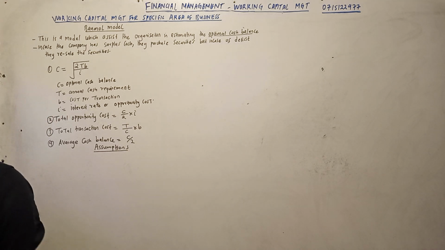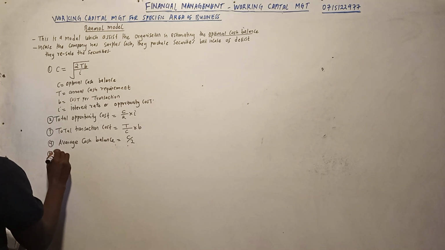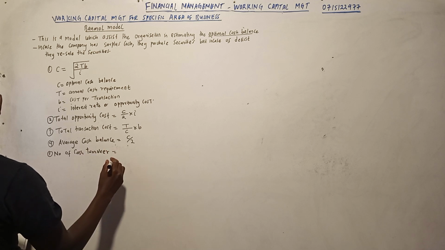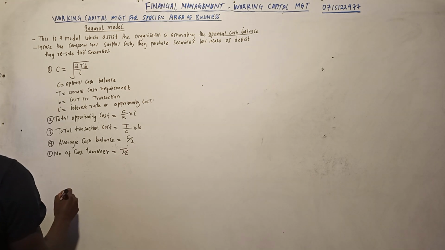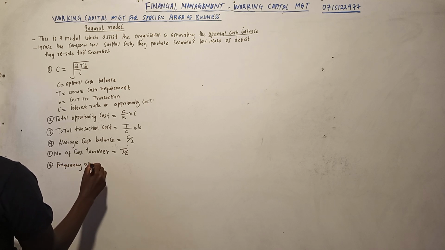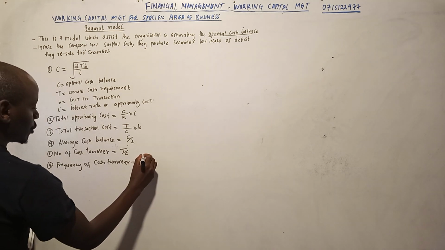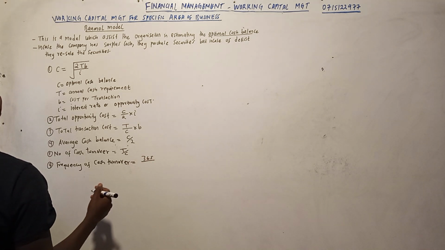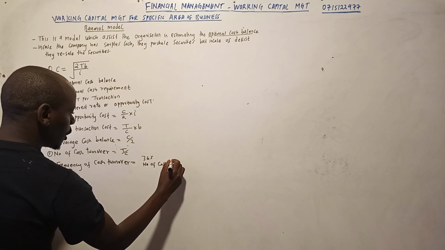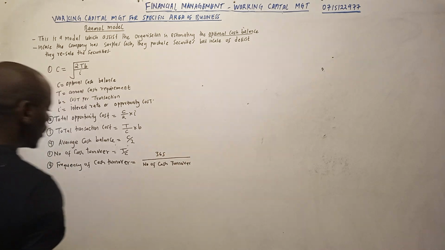But before we go to the assumptions, number 5, number of cash turnover, is equal to T divided by C. And then number 6, frequency of cash turnover, is 365, the number of days in a year, divided by the number of cash turnover.